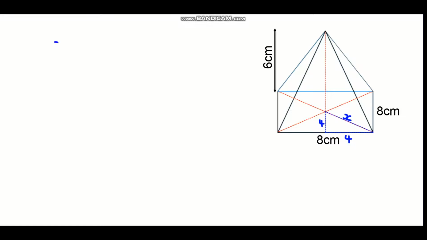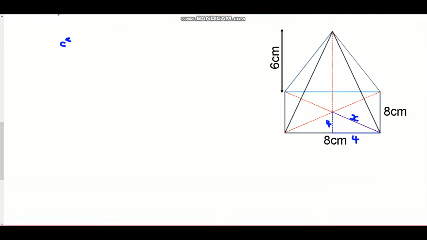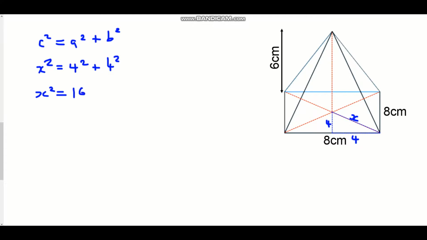So again, c squared equals a squared plus b squared. x squared is equal to 4 squared plus 4 squared. x squared is equal to 16 plus 16.